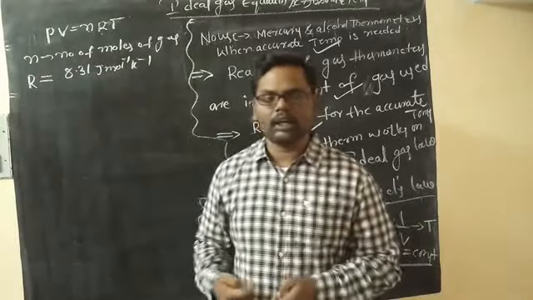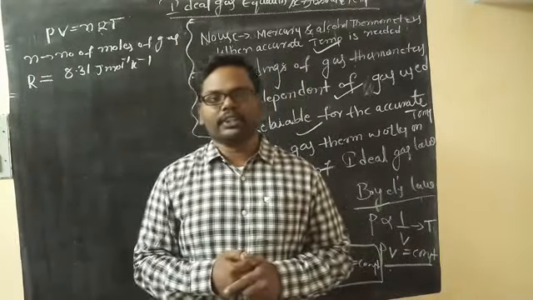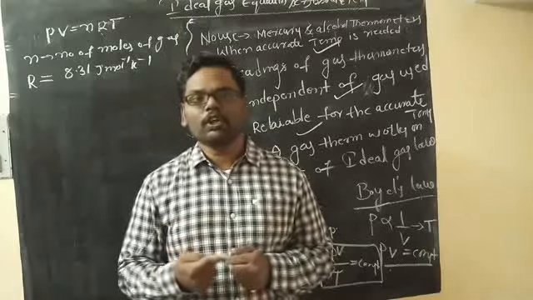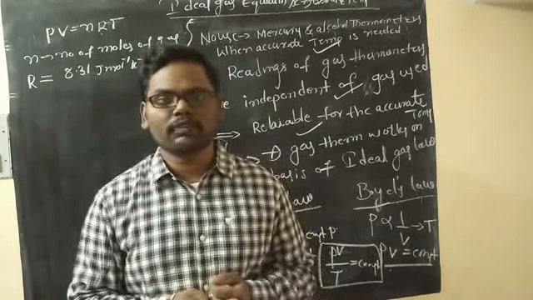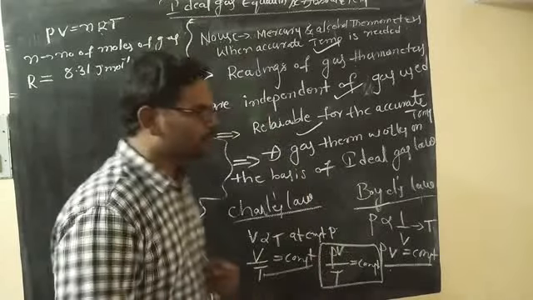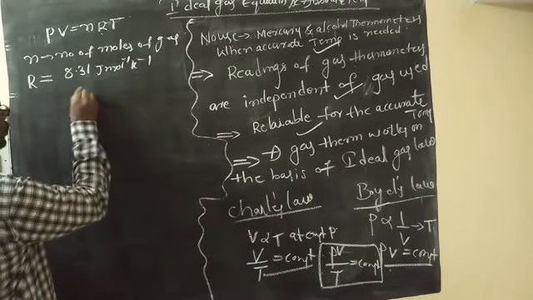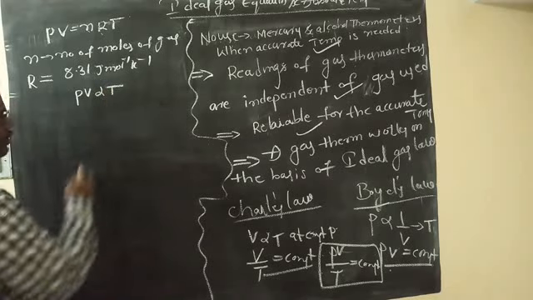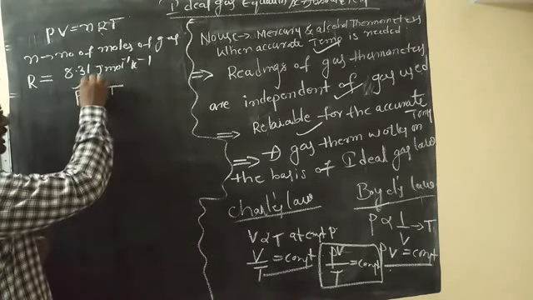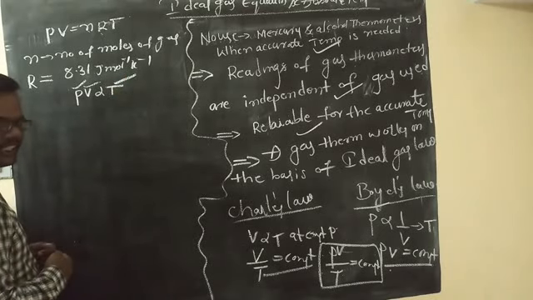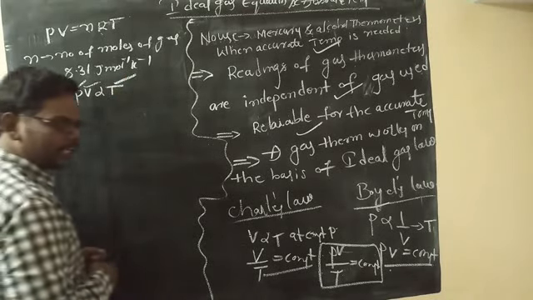In our previous session we discussed the constant volume gas thermometer. It works on the principle of the ideal gas law, that is PV is directly proportional to temperature. When the volume of the given sample is constant, pressure changes linearly with temperature.